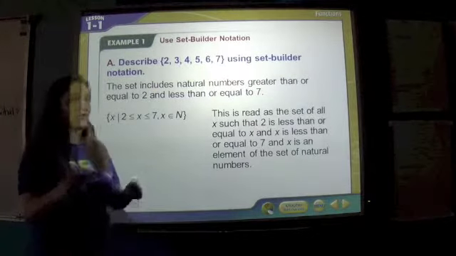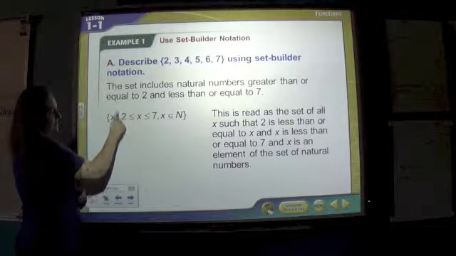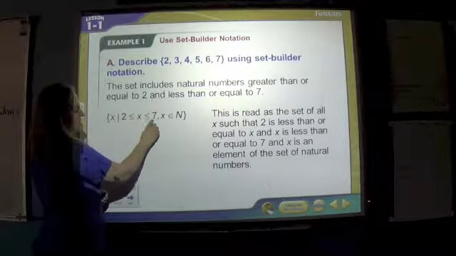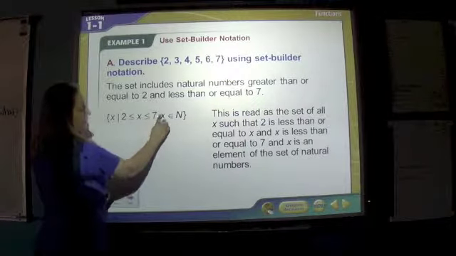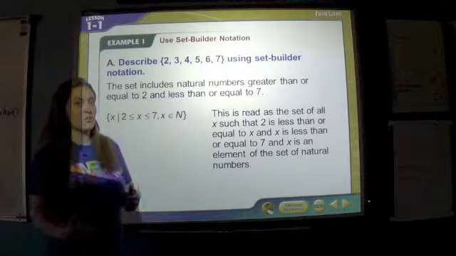So the formal way of writing it is x is between 2, less than or equal to x, which is less than or equal to 7, comma, x is a natural number.